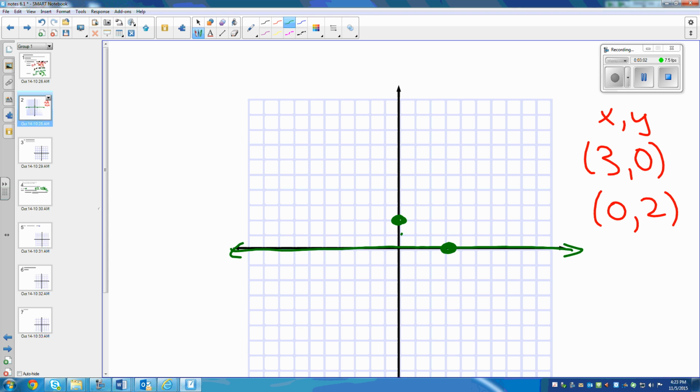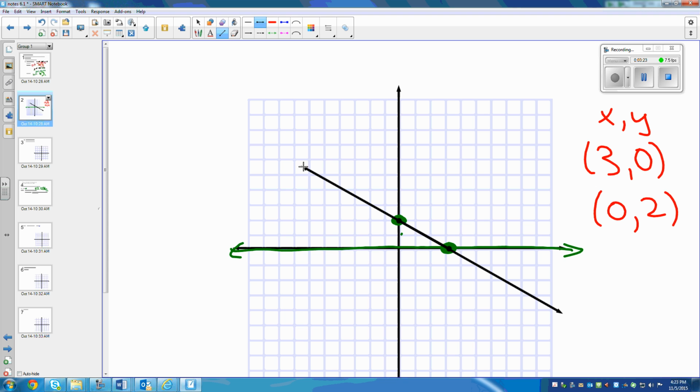So we get 2 points. To get a straight line, we draw both ways. From here out this way, we go straight. Notice there's arrows at the end of my lines. I do it the opposite way, and that gives me an actual line.